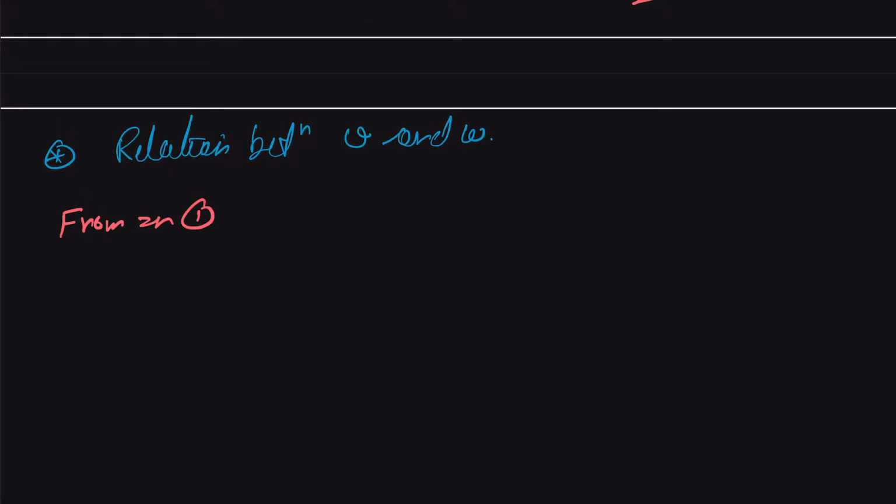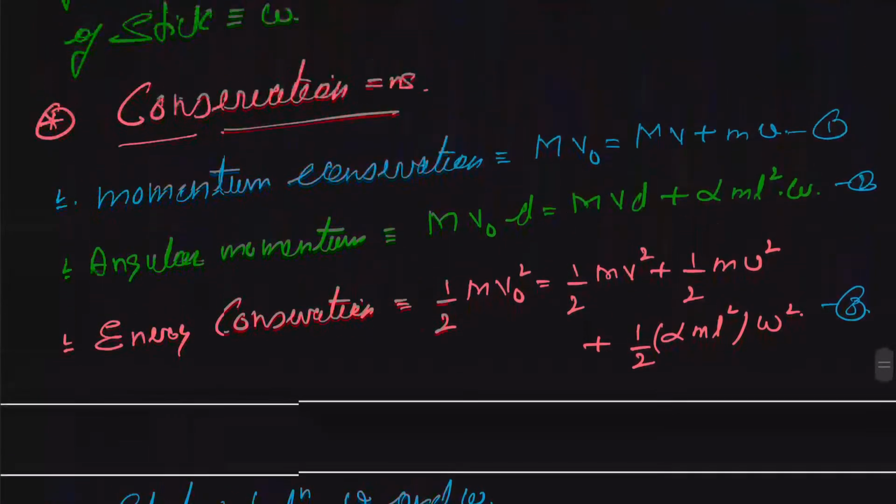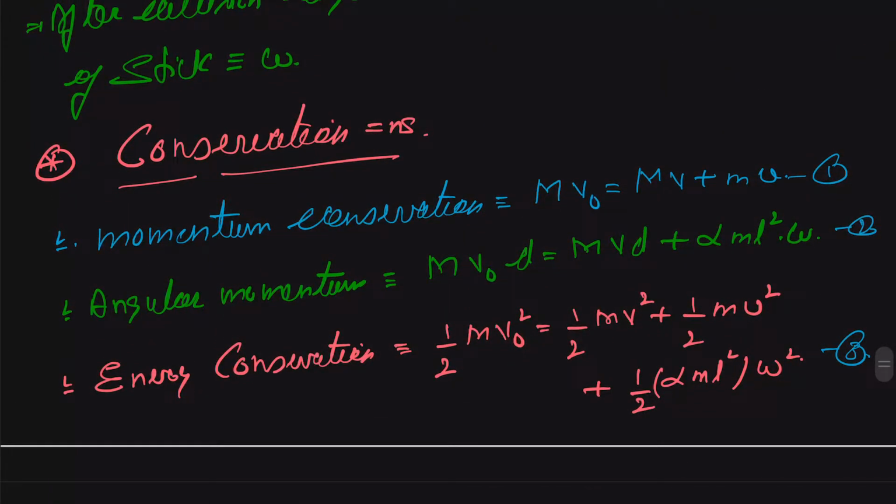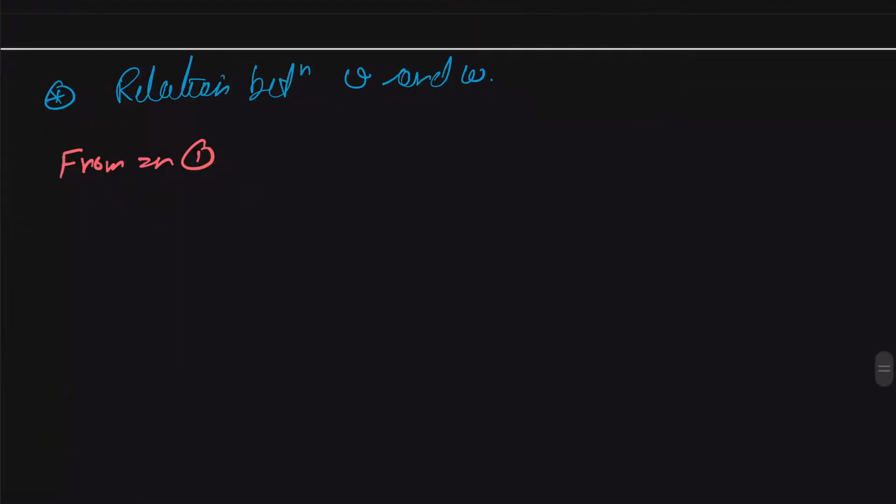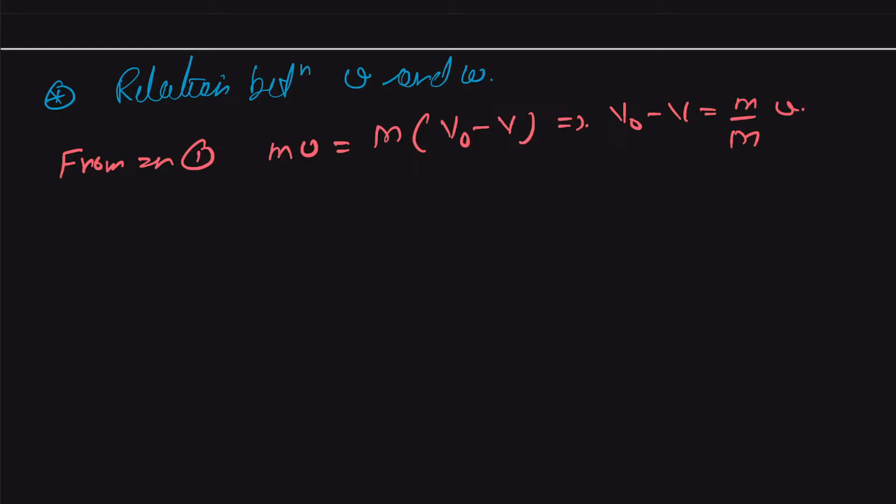From equation 1, we can write that small m v, we can combine these mass terms, so we get M v equals m(v0 minus v), and therefore we can write this as v0 minus v is equal to M upon m times v.